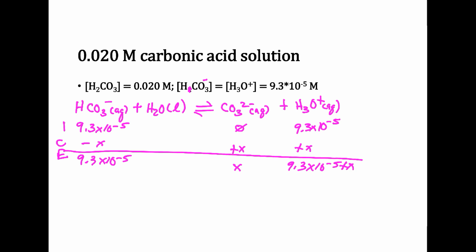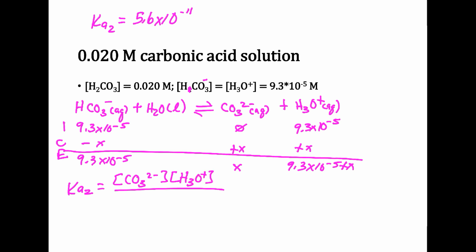So let's go ahead and write out our expression for Ka2. And recall that Ka2 is equal to 5.6 times 10 to the negative 11th. So whenever we write out our expression, Ka2 is equal to the concentration of carbonate times the concentration of hydronium over our concentration of HCO3 minus.